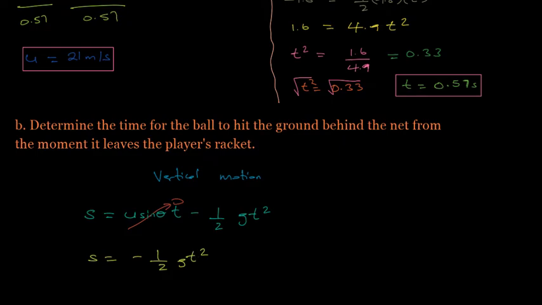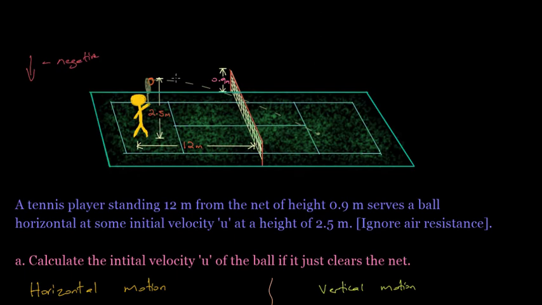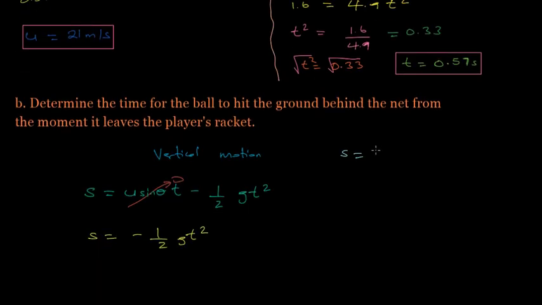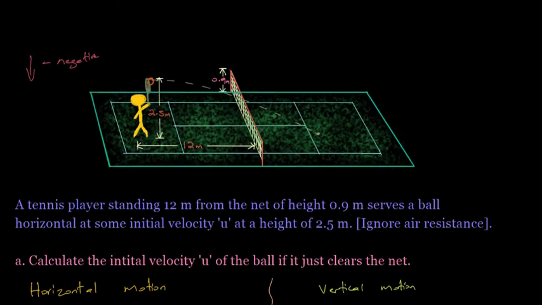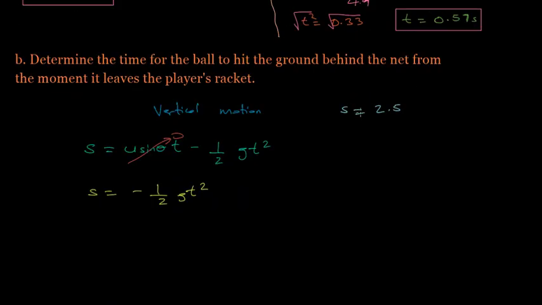Now in this case, s is the displacement from the initial point to the ground, which is 2.5 meters. So s is 2.5 meters, right? And again, if we consider that down is negative, since it's moving down, it is going to be minus 2.5. Now, g, in this case, is minus 9.8.